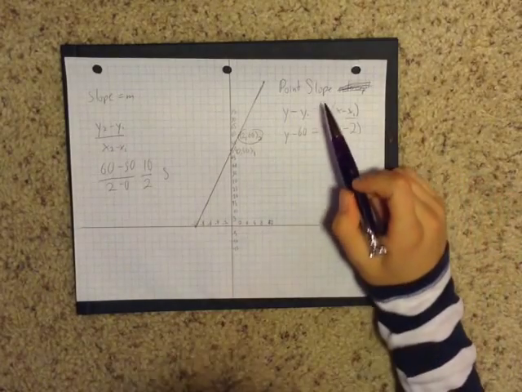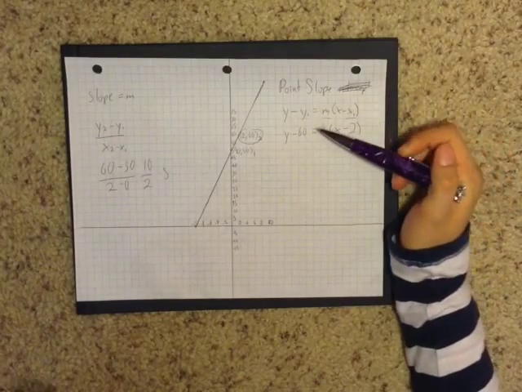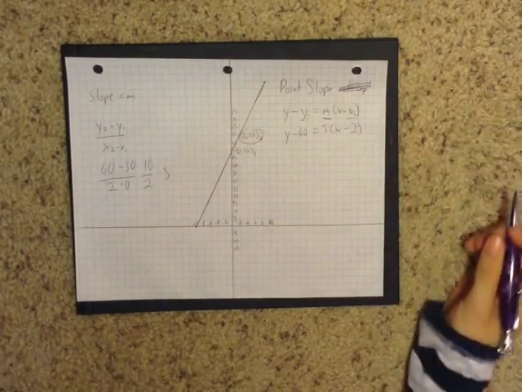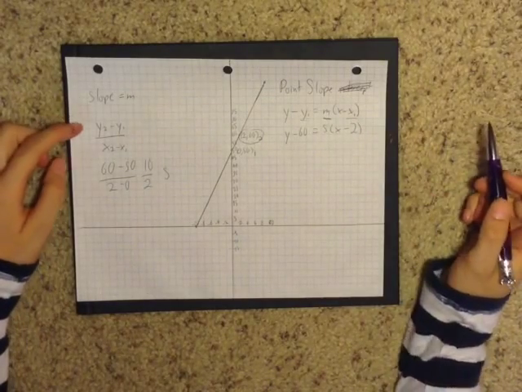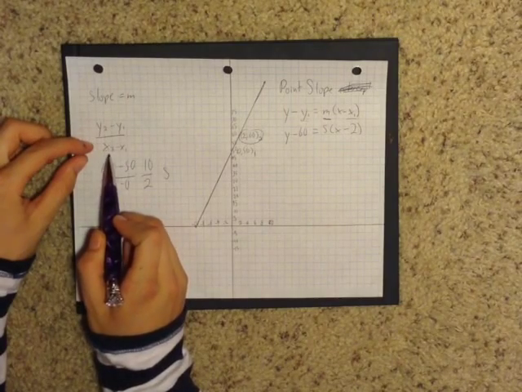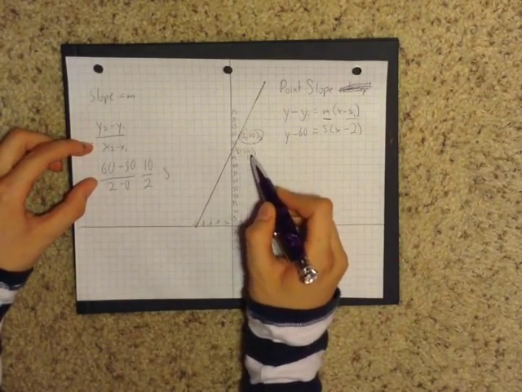So, we're going to find the point-slope equation for this line. Remember, we're going to change y1, m, and x1. So, m is the slope, and the formula for slope is y2 minus y1 over x2 minus x1. We're going to use the points (2, 60) and (0, 50) for this.